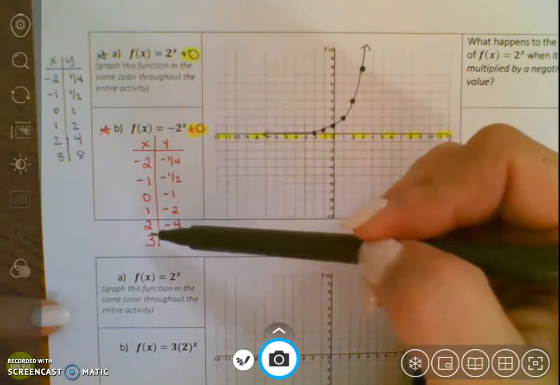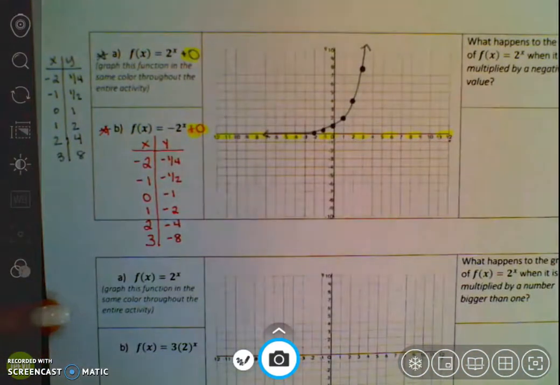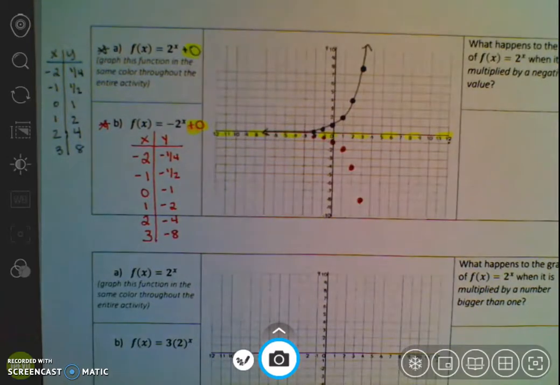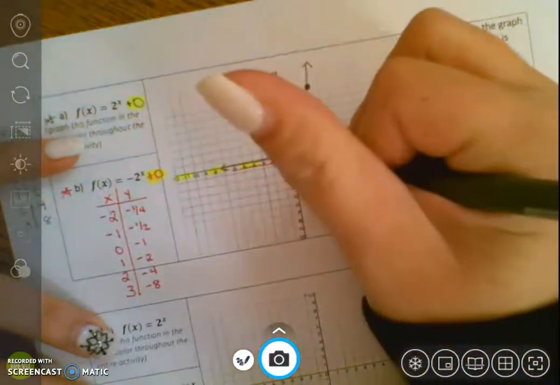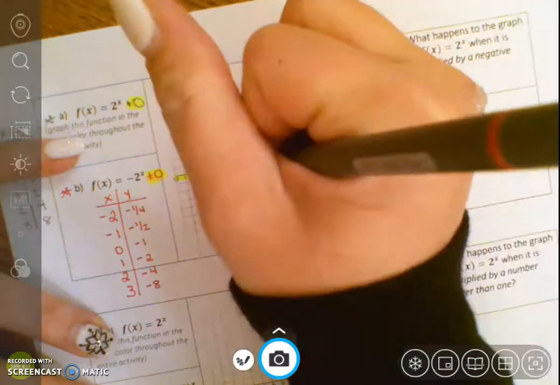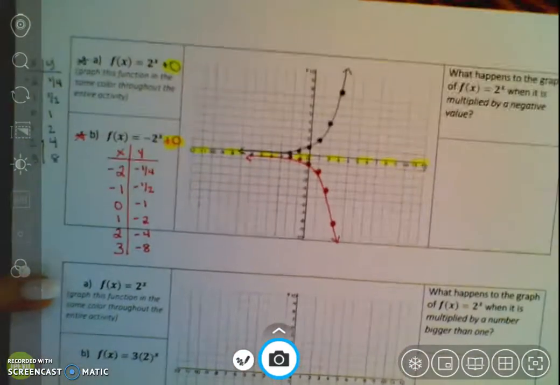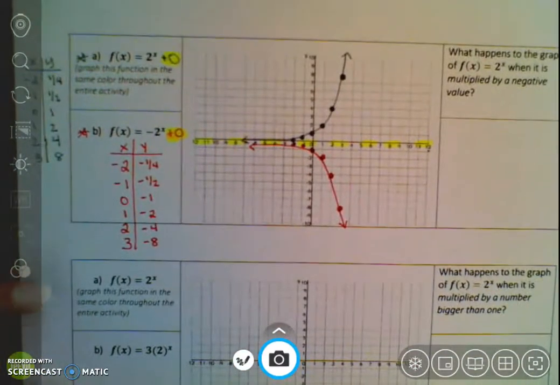So -2 to 3. So I'm going to go ahead and pause this, and I'm going to graph the points again. So when you graph your red table, or whatever color your table is, you should see the same points I have. So I'm going to connect my dots. And now I have my second graph.